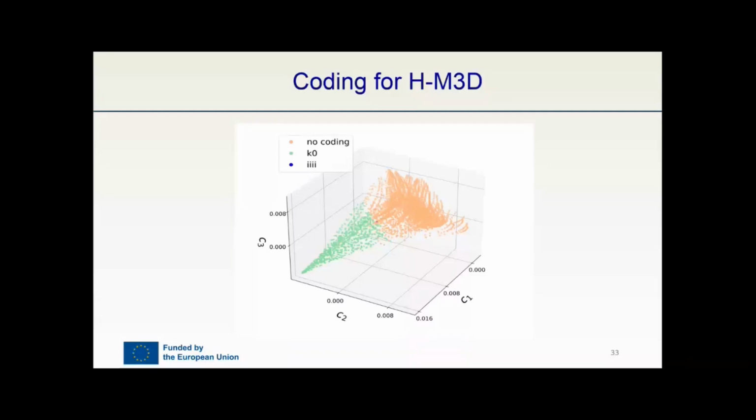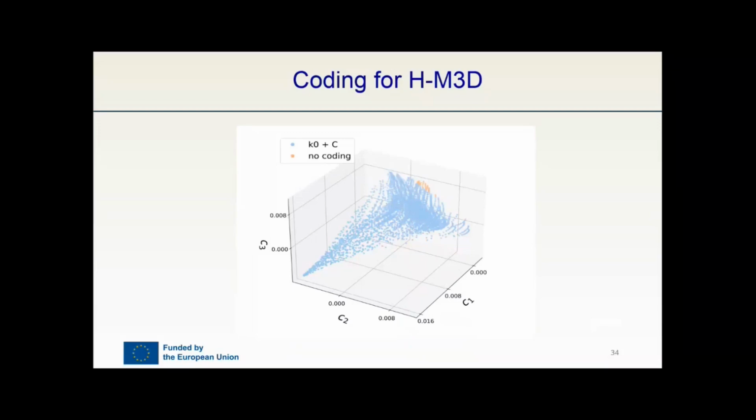The first remarkable result is that there are some combinations of scenarios in monolithic 3D where actually no coding was producing the best result. There are other scenarios where actually K0 is producing the best result.